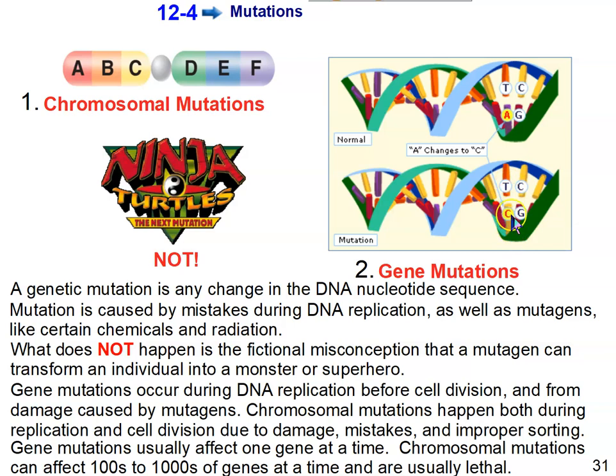But typically, gene mutations are affecting a very small portion of the DNA, whereas chromosomal mutations can affect hundreds to thousands of genes at a time and are usually lethal. Usually, someone who has a chromosomal mutation will not even be born. And a lot of miscarriages, also known as spontaneous abortions, are probably the result of chromosomal mutations.